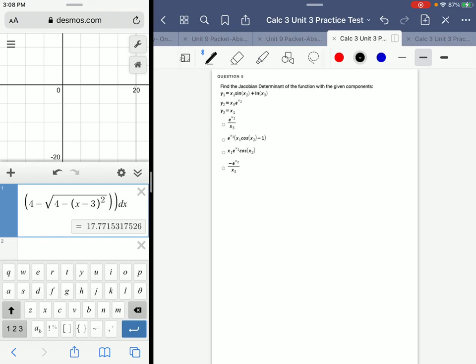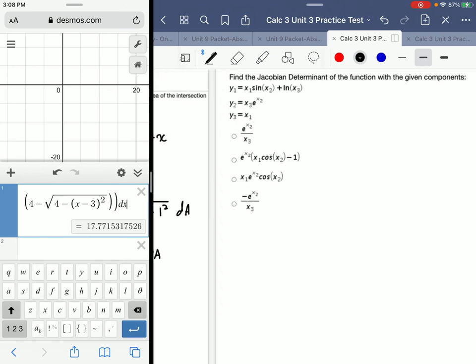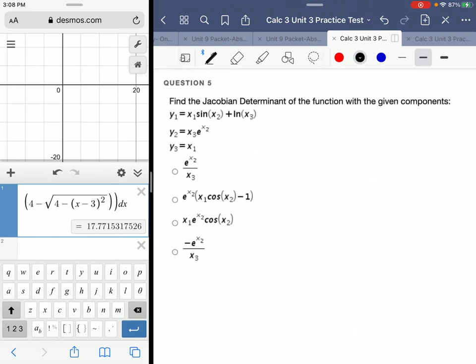So for number 5, find the Jacobian determinant, or just the Jacobian, of the function with the given components. It's a multiple choice question, but it might not be on the test.